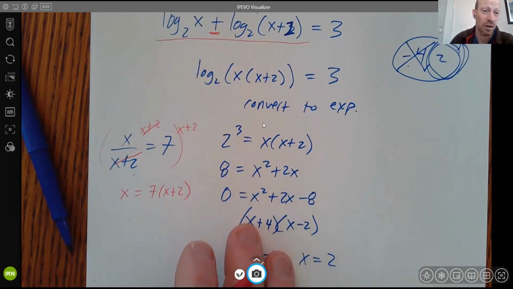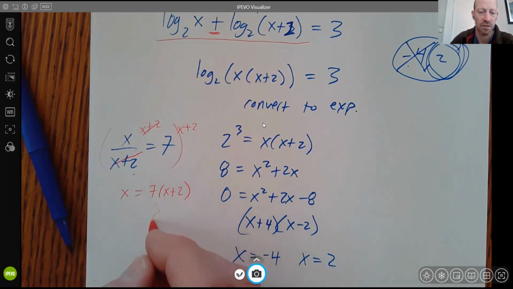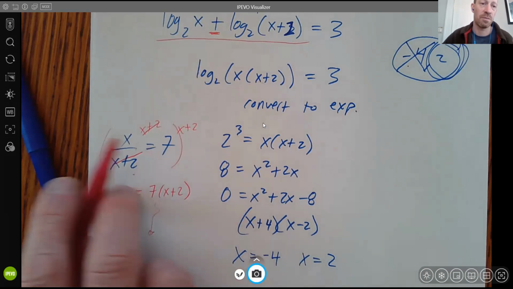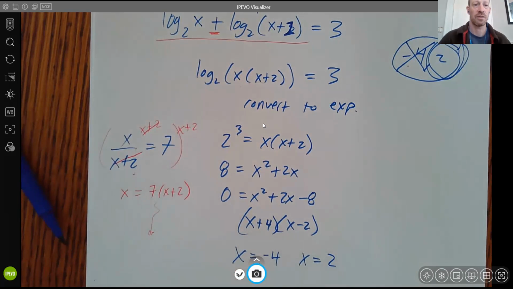It's actually a little better because it's not a quadratic, right? Then you can solve that for x. Anytime you have an equation with fractions, you want to multiply through to get rid of the fraction. That's really your goal there.